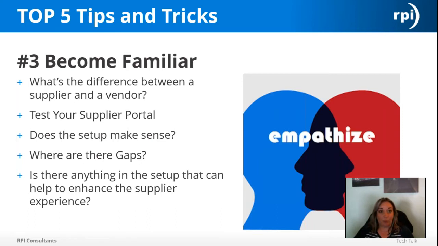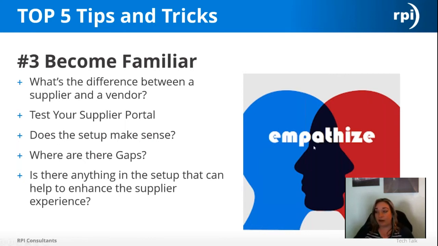Test out your supplier portal. Once you've created your setup through that supplier grouping, run through the test environment of your supplier portal. Does it make sense? Are there things that are confusing? Taking off your organizational hat and putting on your supplier hat, and looking at it through the lens of a supplier, you really want to make sure that the setup you have established in your supplier group really makes sense.